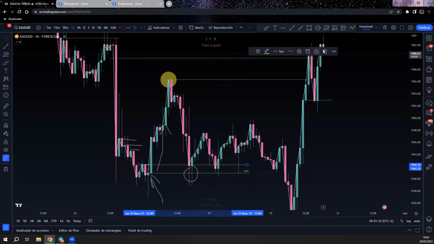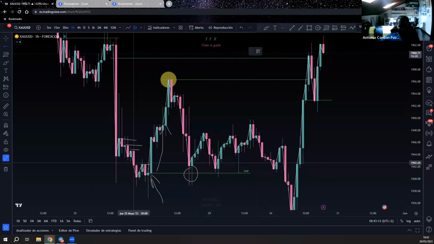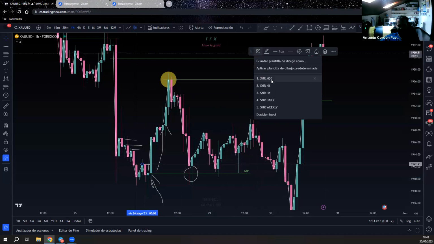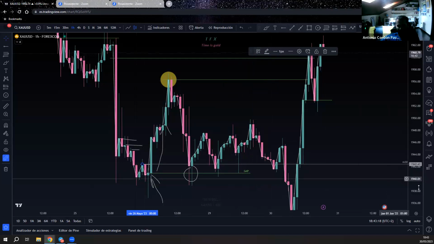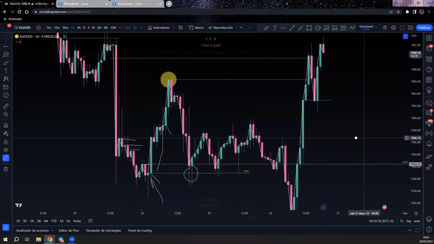And the other one I mark like that, SNR, for example, and M30. And then we have an M30 and the gap. I try to focus on the two levels and respect the two levels. For me, that's important. And that's all, guys.